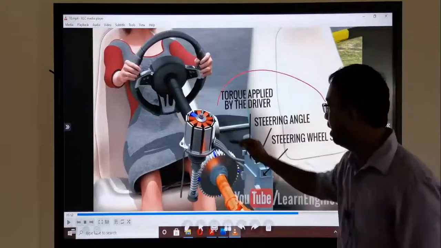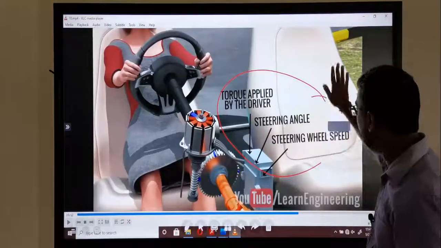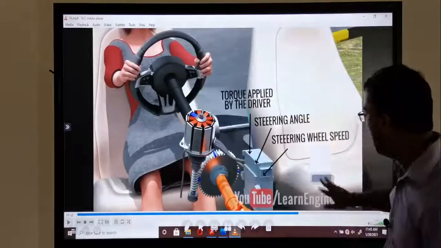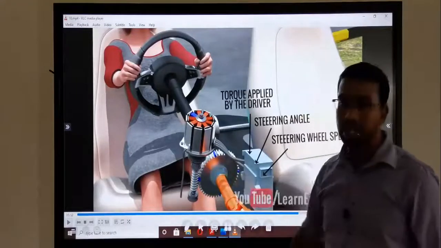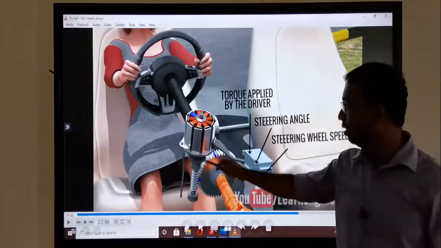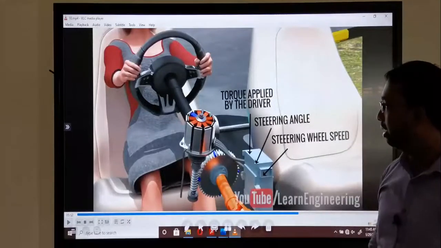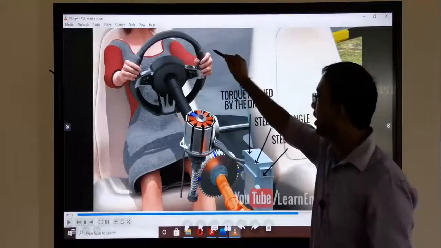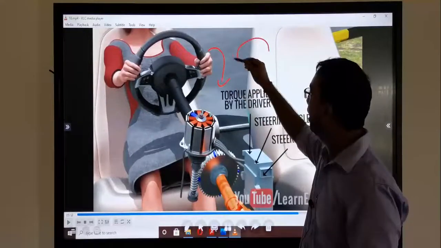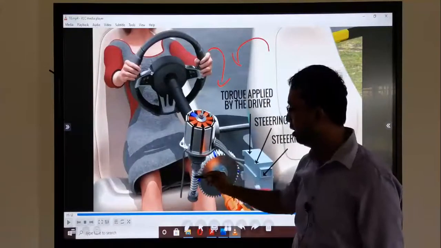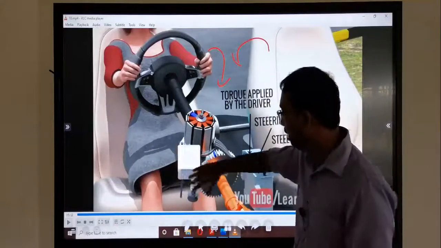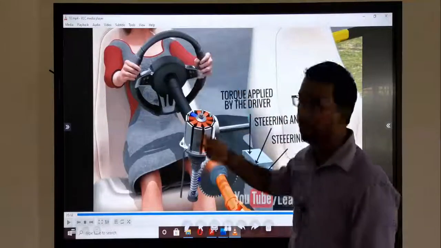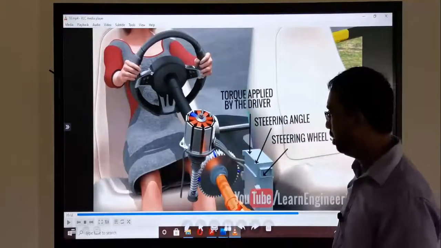According to this input data, the ECU determines the torque and rotation speed of this motor. And depending on the steering angle, whether we rotate this side or that side, the rotation also needs to change. So this motor can rotate in both directions.